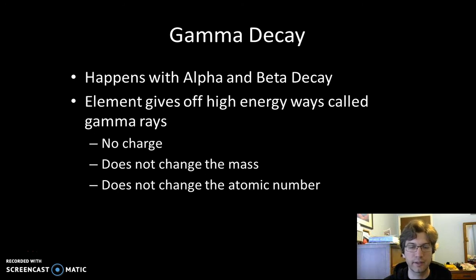It's actually higher than X-rays. It's a gamma ray. It does not have a charge. It's not going to change the mass, and it's not going to change the atomic number. It is just light being given off. Gamma decay happens during both alpha and beta decay, but there's no particle really being released.